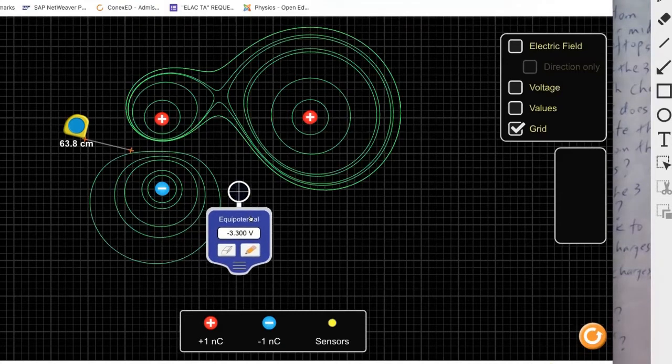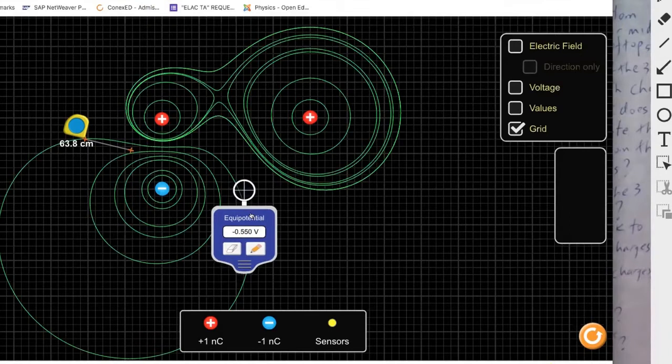It's -3 volts. Well, let's find the equation for the 0 volt line. Yeah, somewhere over there. That's like 0 volts.